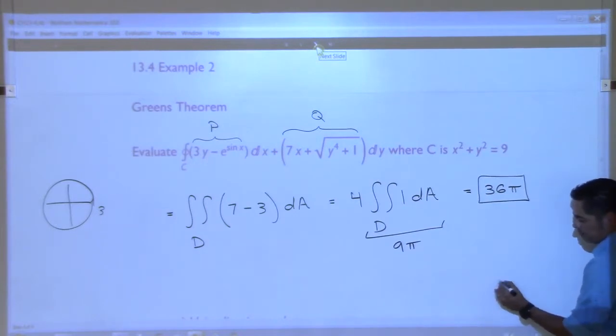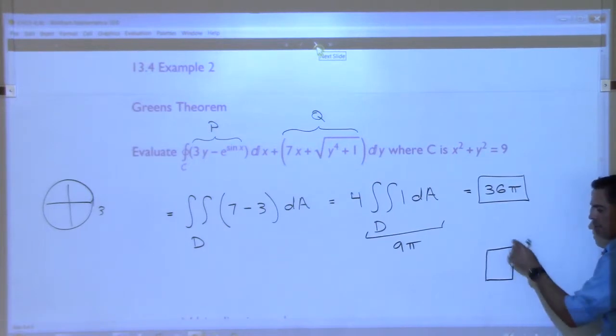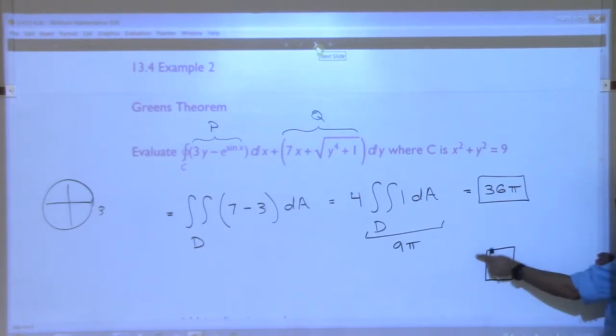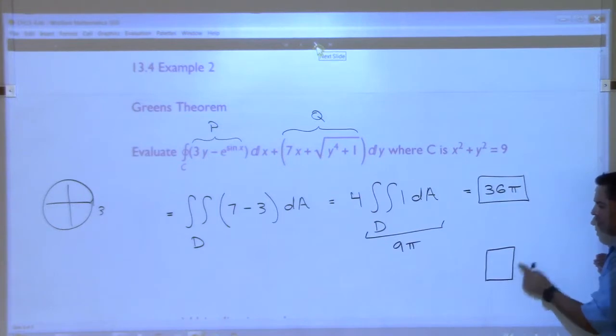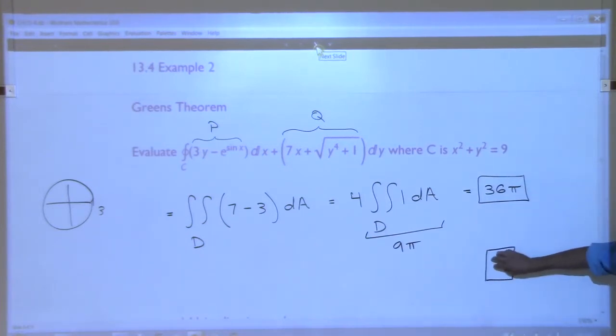Even a closed curve like that: if you don't have Green's theorem, you're going to have to break this down into separate curves, separate line integrals, and find parametric representations for each one. It can be really a mess. But if it's enclosing a region, then Green's theorem should be in play.